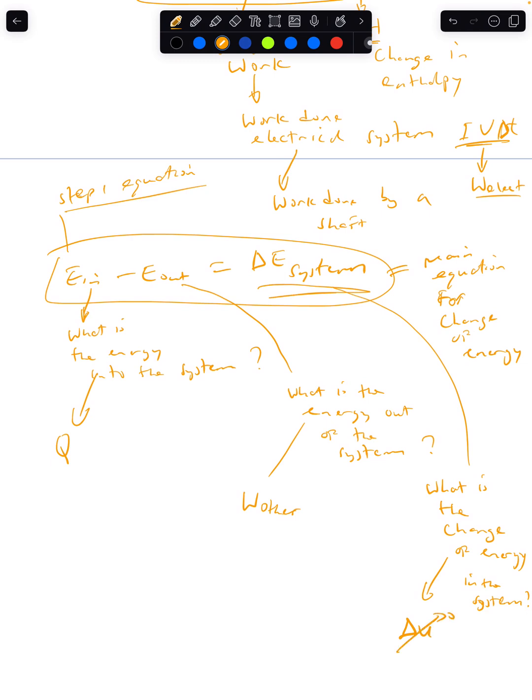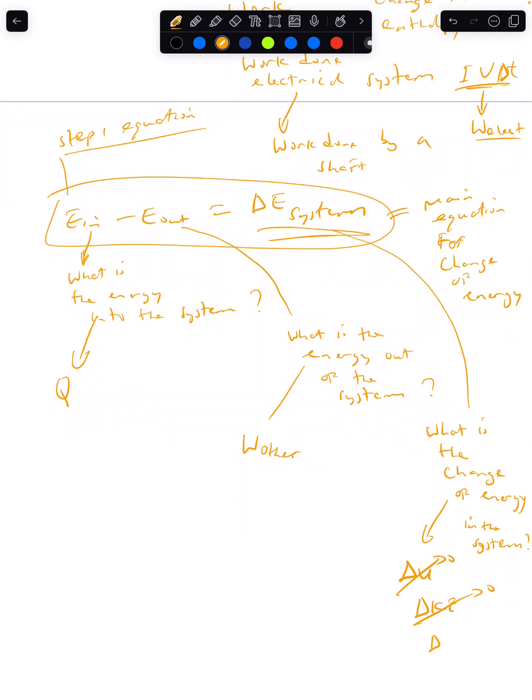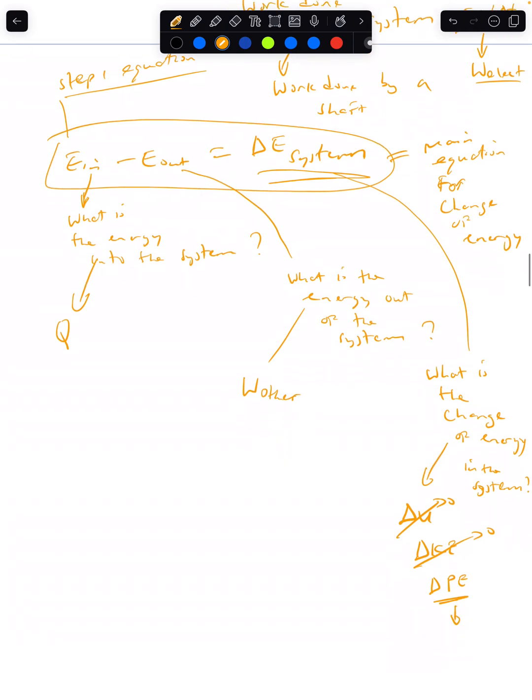It therefore means the change of internal energy is equal to 0. It therefore means the change of kinetic energy is equal to 0, and therefore the change of potential energy is valid, and it can be written as what?